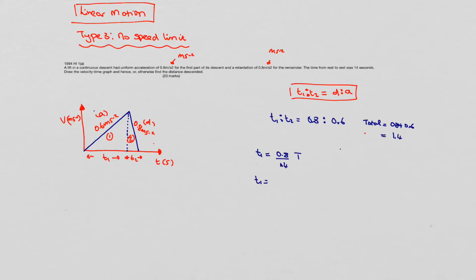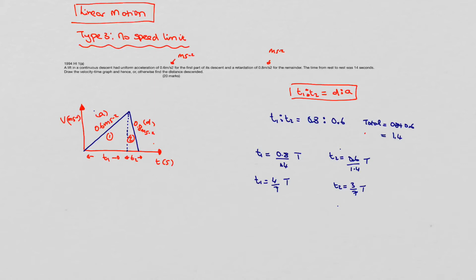And that simplifies down to 4/7 of the total time. And for T2, well, T2 is 0.6 over 1.4 of the total time. In other words, it is 3/7 of the total time.